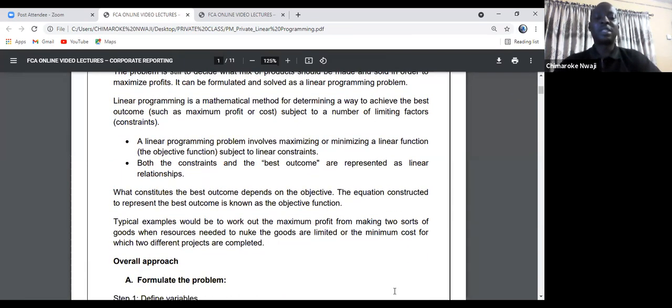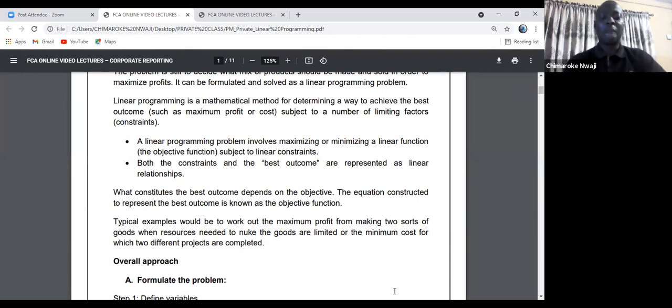So there is an objective function that we will have in mind. Then we will also have constraints that are limiting you from achieving your objective. And these are represented as linear relationships. All right.